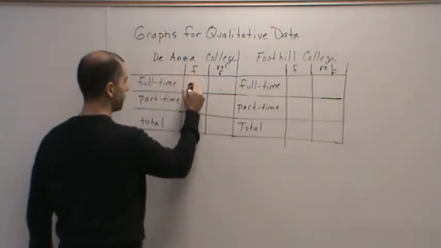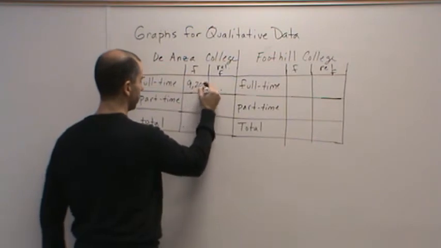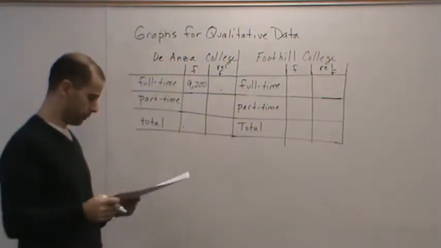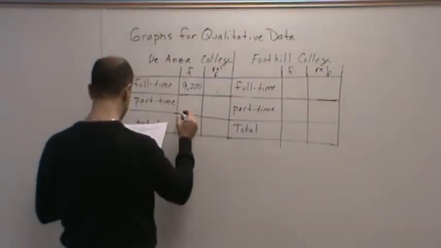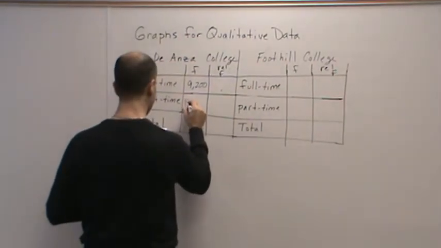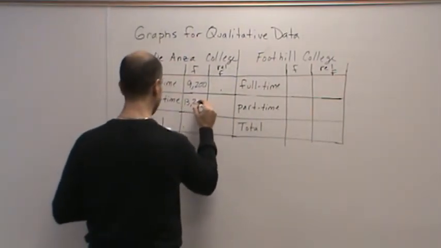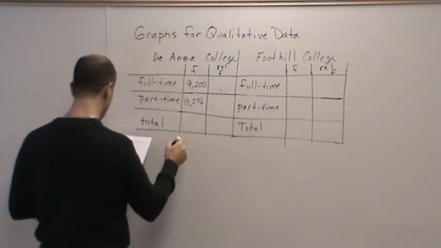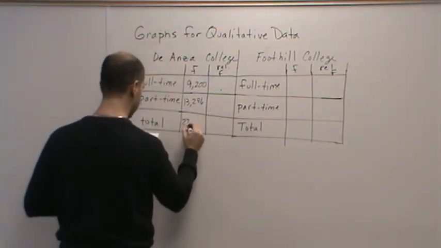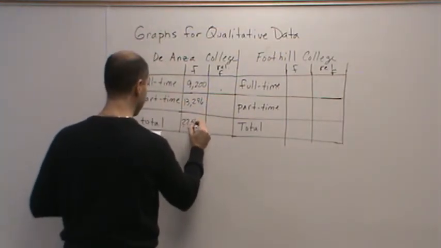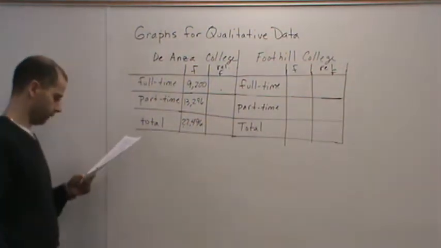So full-time is going to be 9,200 students. So that's the frequency. That's the number of students. The part-time students are going to be 13,296. So the total is going to be 22,496 students.